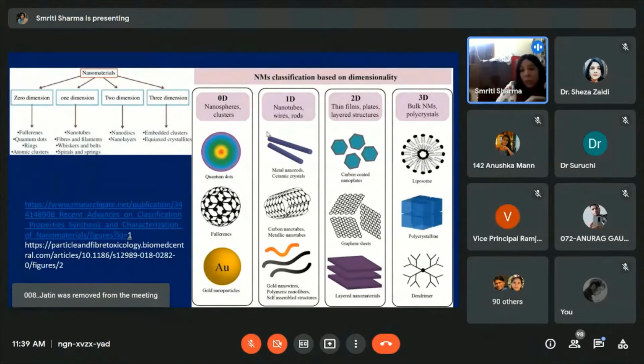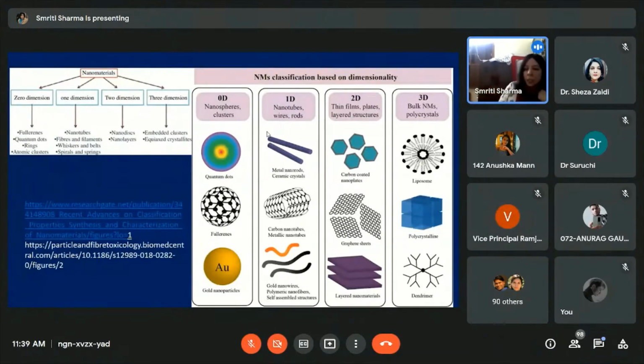So that coating would be a two-dimensional thing, because only in one dimension, that is the height or whatever you want to call it, it will be in the nanometer range.